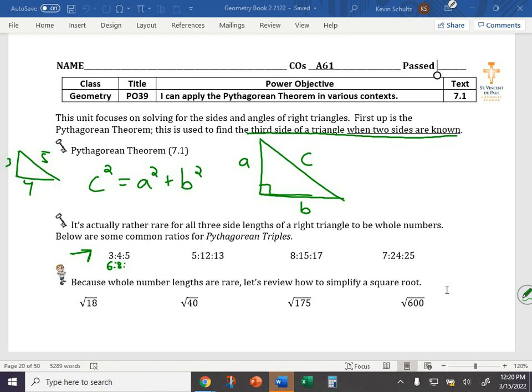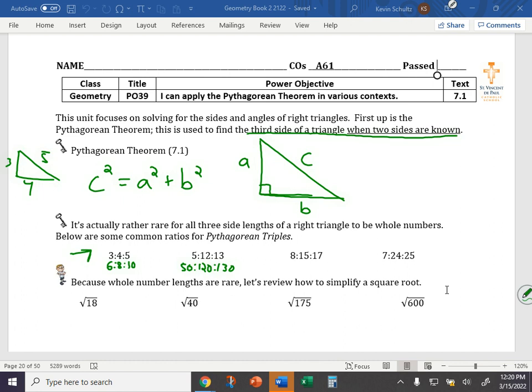You double 3, double 4, double 5. It's in the ratio of 3 to 4 to 5. If you had a triangle that was 50 to 120, what would the length of the hypotenuse be? 130. So these are just an FYI, that if you know these Pythagorean triples, you can spend less time on some of these problems.